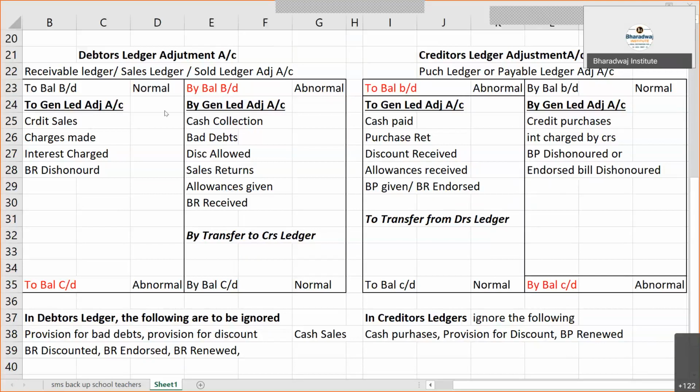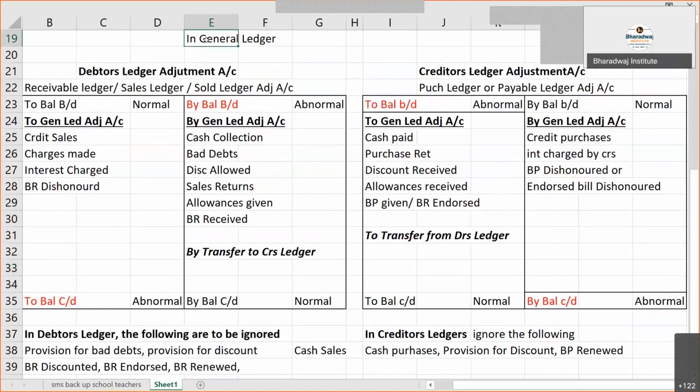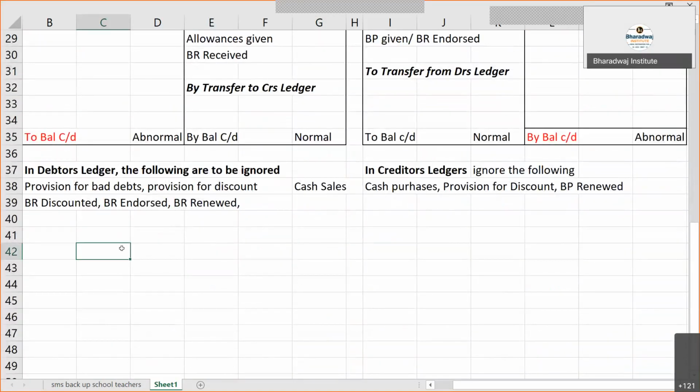Okay, so this is in general ledger. We do all these things in the general ledger. In general ledger, we prepare debtors ledger adjustment account and creditors ledger adjustment account. Then, in the examination, they may ask you, in debtors ledger, prepare general ledger adjustment account.